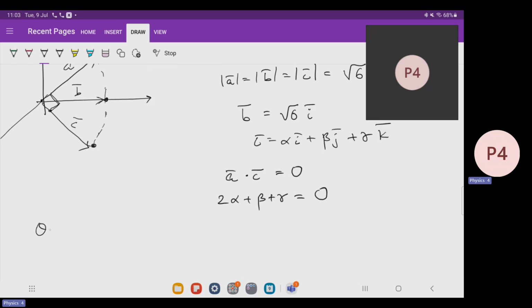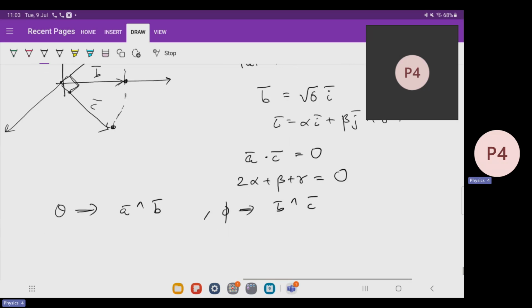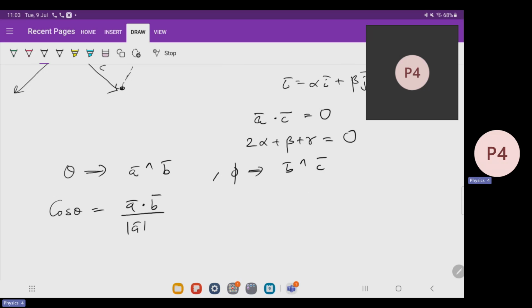Now let theta be the angle between A bar and B bar, and phi be the angle between B bar and C bar. So what would be cos theta? Cos theta would be A bar dot B bar upon magnitude of A bar into magnitude of B bar. And cos phi would be B bar dot C bar upon magnitude of B bar into magnitude of C bar.